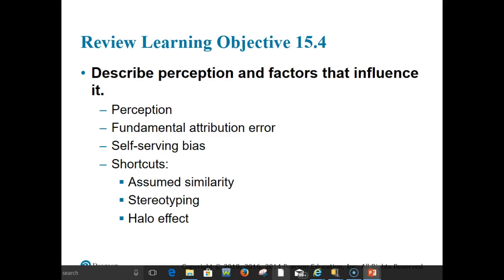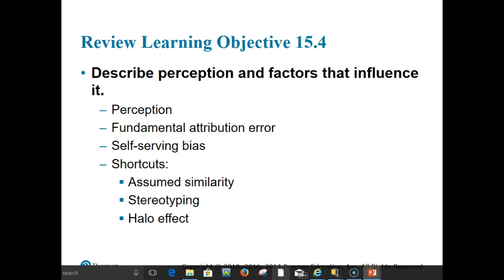So whether these 3 factors are high or low helps managers determine whether an employee behavior is attributed to external or internal causes. And remember, the fundamental attribution error is the tendency to underestimate the influence of external factors and overestimate the influence of internal factors.